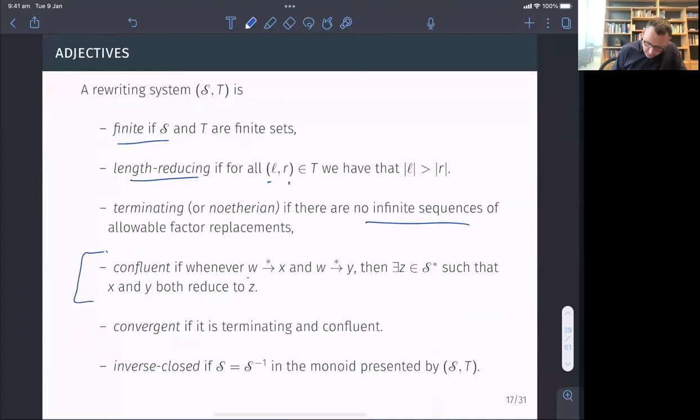If you've got W reducing to two different things, then the two different things have to reduce to the same thing later on. That was the word that Senegers and Weiss required their rewriting system to satisfy: confluent. Convergent means terminating and confluent, and inverse closed means that for the monoid you get out of the rewriting system, the inverses are all present in the alphabet.